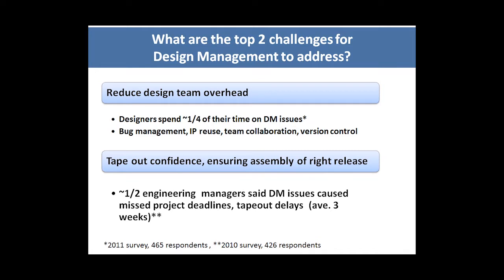The key is to make that more effective and improve bug management and IP reuse. And then, of course, making sure, as Jacob and others have mentioned, that it's about tape-out confidence, knowing exactly what you've got, particularly when you're spooling very fast and spewing these chips out, continually trying to hit very aggressive foundry schedules so you can get them back.